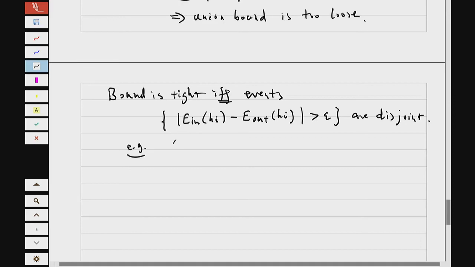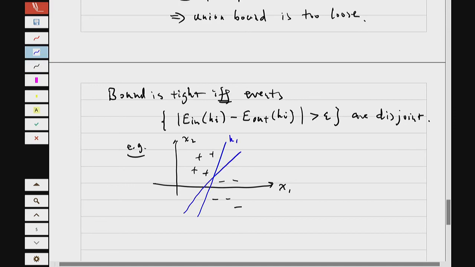But if you look at this example, just in two-dimensional space, x1, x2, I have plus, plus, plus, plus, plus, minus, minus, minus, minus, minus, whatever. If you look at, say, an h1 and h2, what do you think? These two hypotheses.